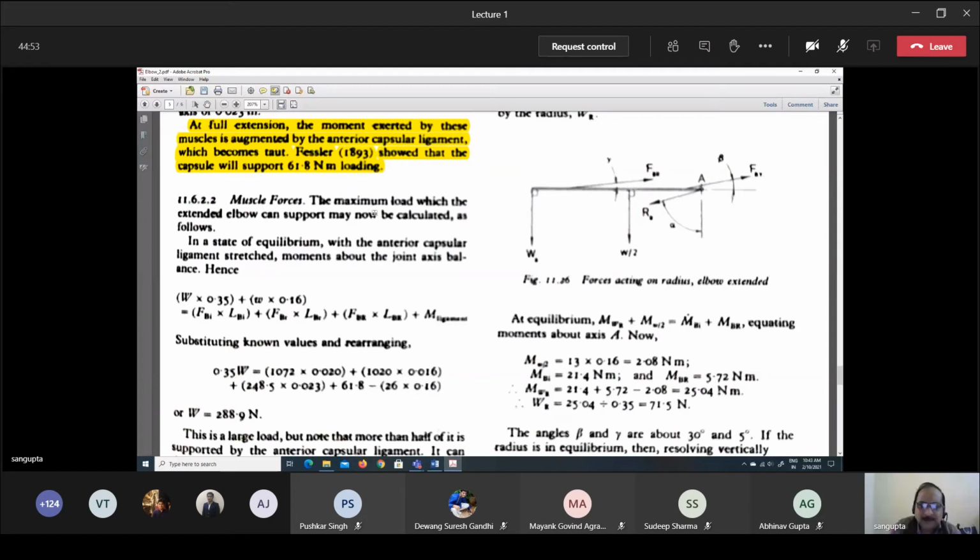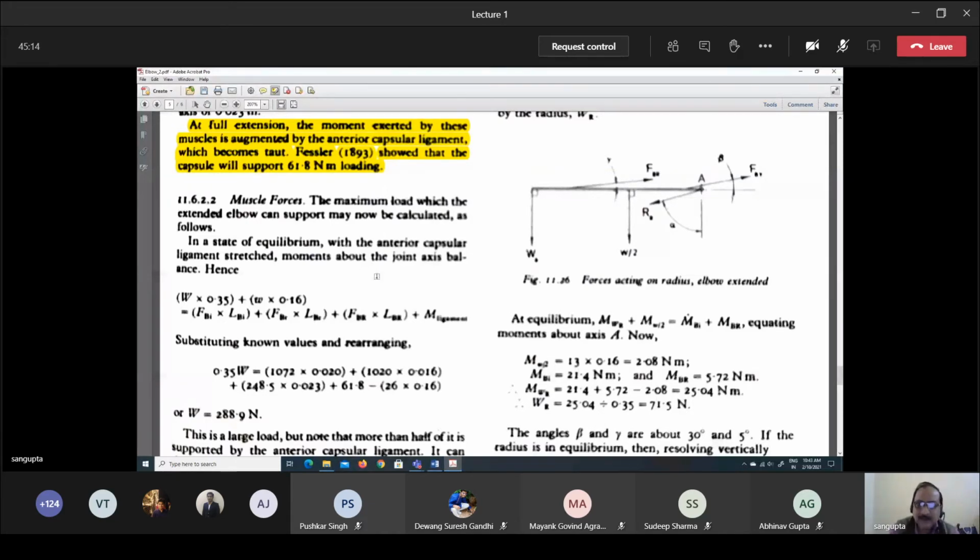These are very rough calculations. If you want to really do a detailed calculation on the contributions of muscles, ligaments, everything, then you have to take it up in a far more detailed manner. This is to give you an idea.